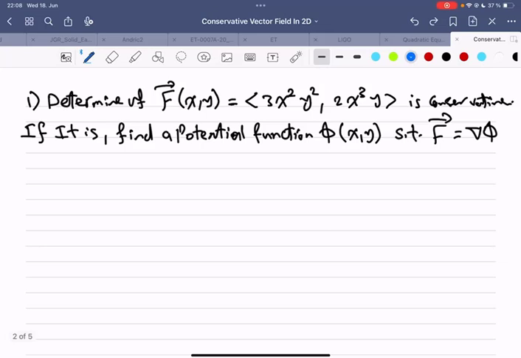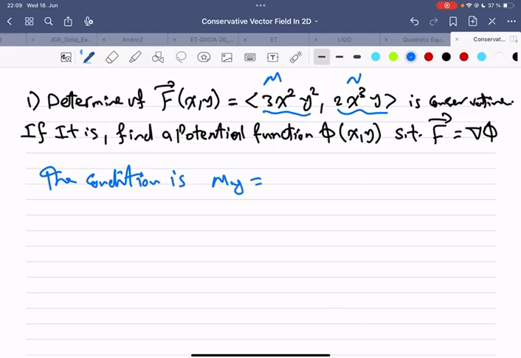First, we will check if it's conservative or not. Call this M and call this N. The condition is M y equals N x. We will check this condition.